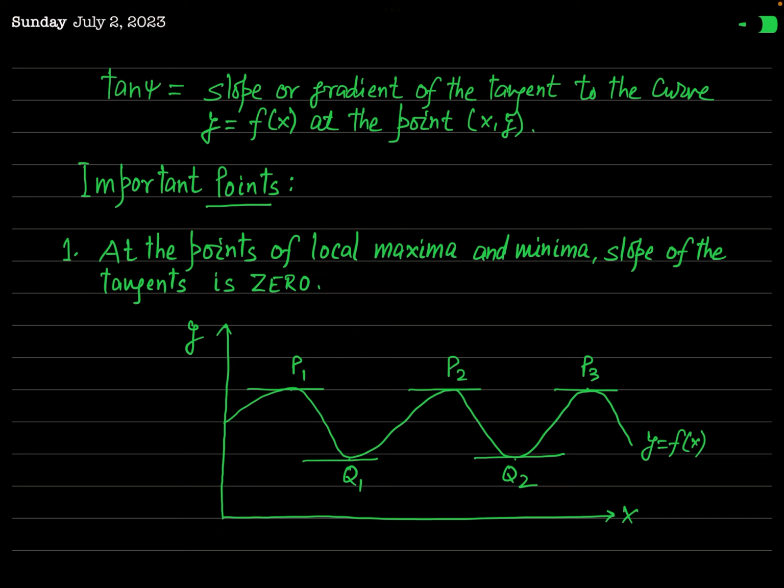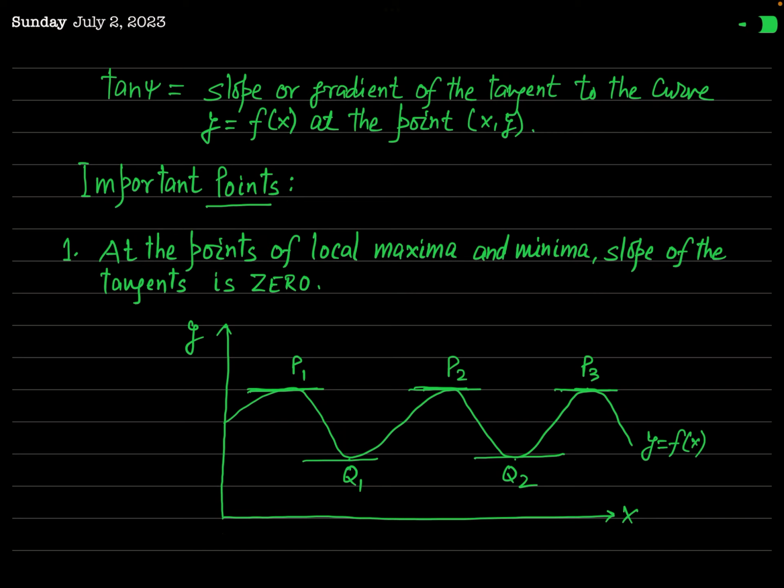Now, if you want to find the slope of this curve at the points P1, P2 and P3, what will that slope be? For getting the value of the slope, you must draw tangents at these points. You know, the tangents at these points, you can see the figure, will be just parallel to the x-axis.